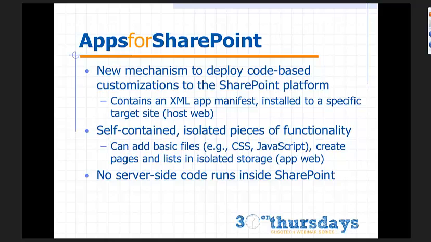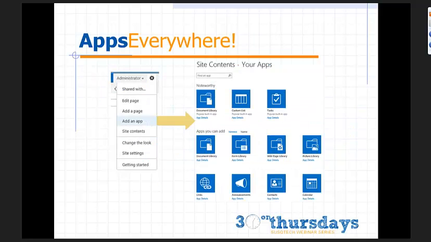So anything in terms of adding basic files, CSS files, JavaScript files, to the SharePoint content database, as well as creating pages and lists in isolated storage that's known as the app web. We're going to get a little more into the app web as we move through this presentation. But the bottom line with apps for SharePoint is that no server-side code is running inside of SharePoint. And that's a big improvement.